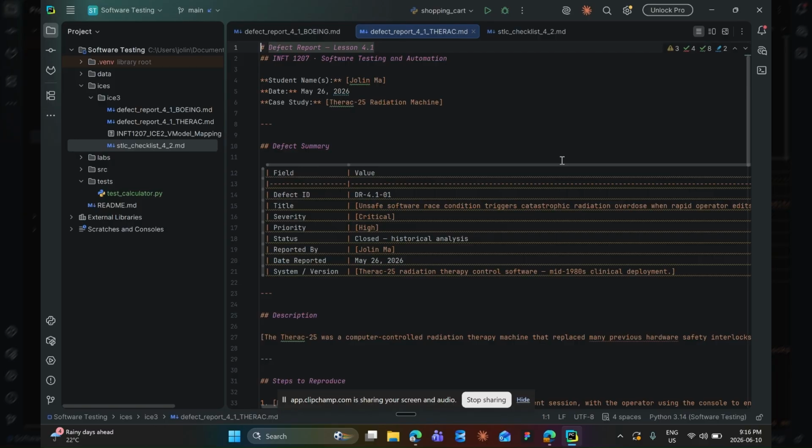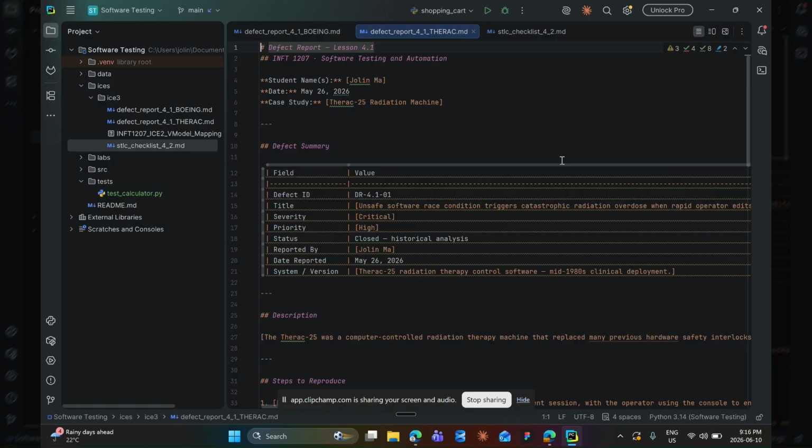There was a race condition in the software. If an operator typed parameters quickly, which is normal, the software's internal state fell out of sync. The machine showed electron mode but was armed with the full X-ray beam. When fired, patients received hundreds of times the prescribed dose, and 3 died. The error message on screen said Malfunction 54.